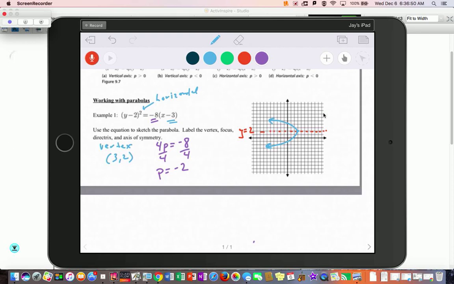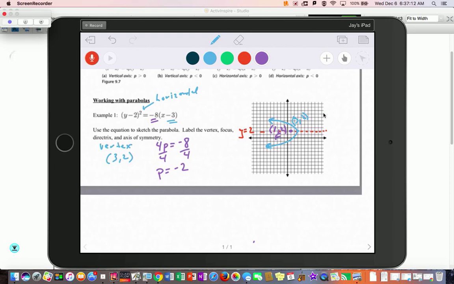And then from the vertex, remember the vertex is at 3, 2, I'm going to go inside my parabola 2 spaces. So now that is 1, 2, and that's what we call a focus.